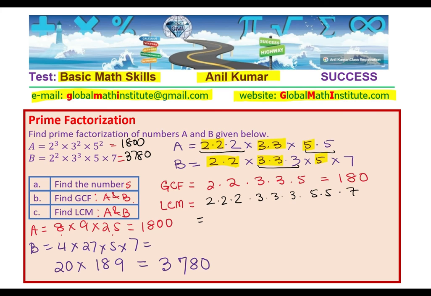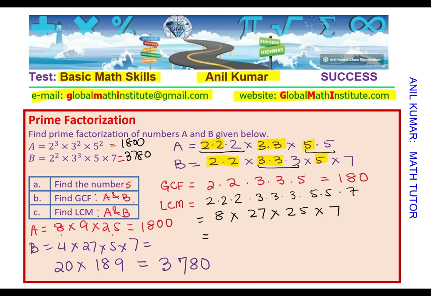You get the idea. So we have 8 times 27 times 25 times 7. So that huge number is our LCM. So we have 27 times 7 times 4 times 5. It is slightly bigger than B. You can now figure out what this number is. 8 times 25, as we did earlier, is 200.